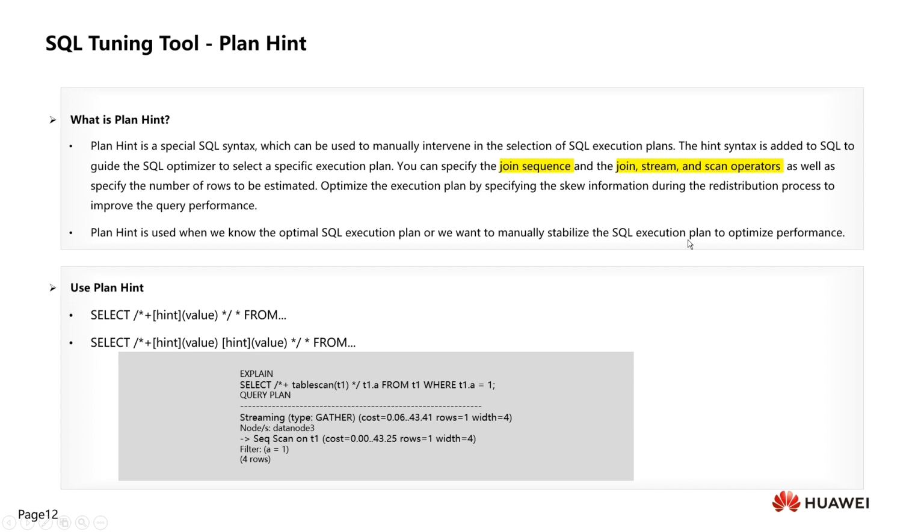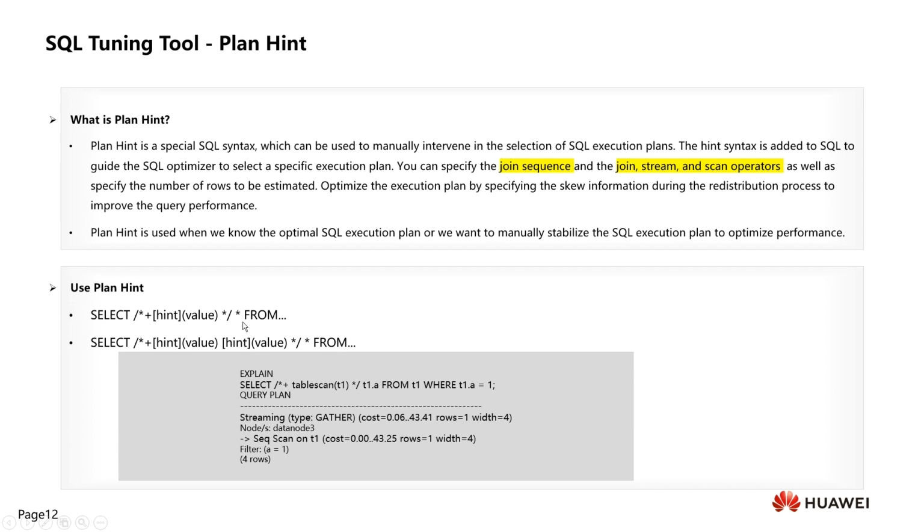When we need to use a plan hint, we can refer to the following example. We write our hint in the form of a comment. After the plus sign, we first specify the hint we want to give, and then its value. If we want more hints, we just separate them with a space, just like this.